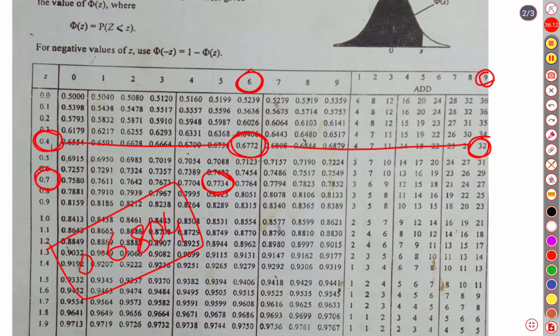So we have got both of our corresponding probabilities. The first one is 0.6804, and the second one is 0.7734, where 0.7 was the row and the column was 5.